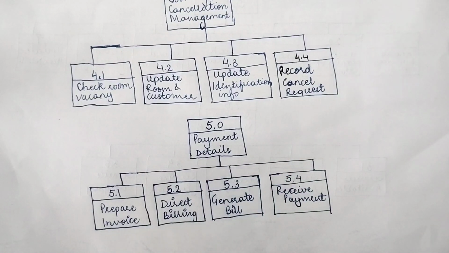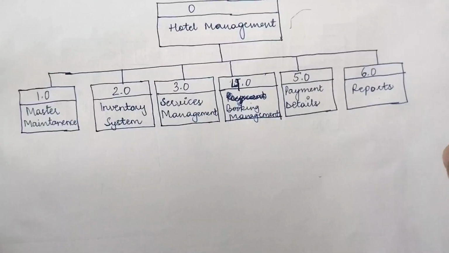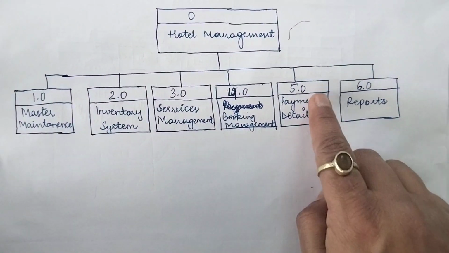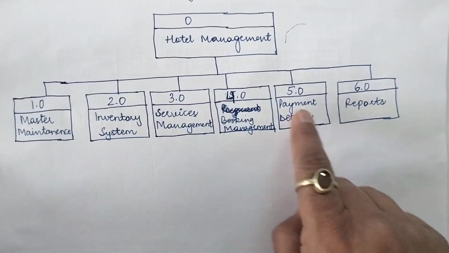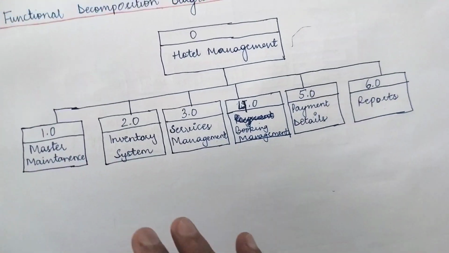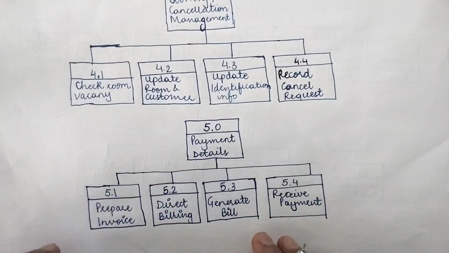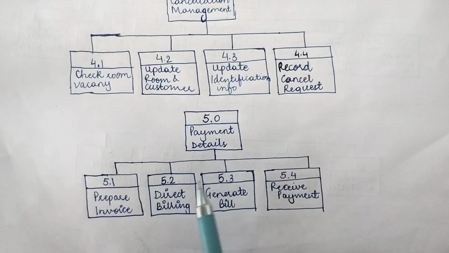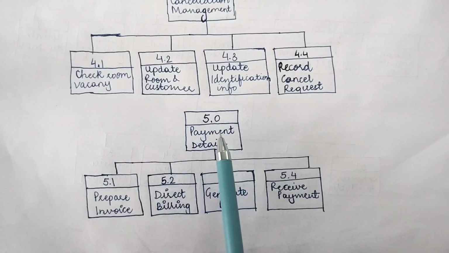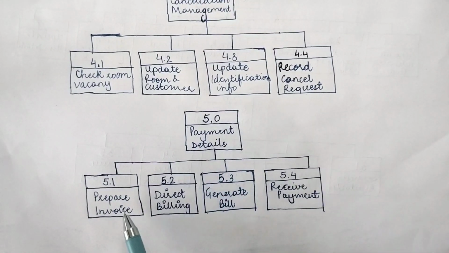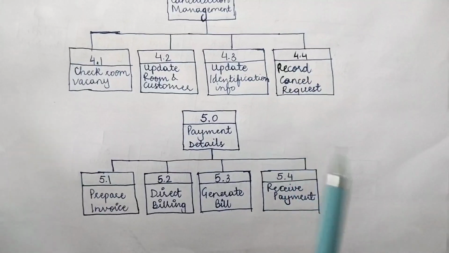Then the fifth sub process, here you can see the fifth sub process is the payment details sub process within the hotel management process. So in the fifth iteration, the payment details sub process has been explained in detail. So what all things are done within payment details? You prepare the invoice, you do the direct billing, you generate the bill, and you receive the payment.